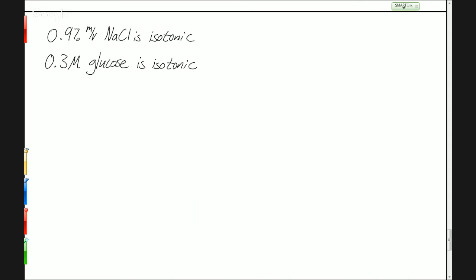Now, the weird thing about this is we already went through the calculation of how 0.9% NaCl is isotonic, or how that actually equals what was it, 0.153 molar? So if 0.3 molar glucose is isotonic, that means there's a certain number of glucose particles for the solute particles, and 0.153 molar NaCl is isotonic.